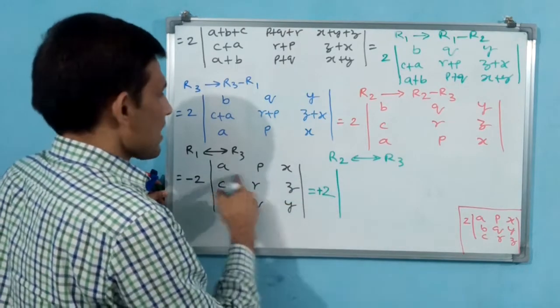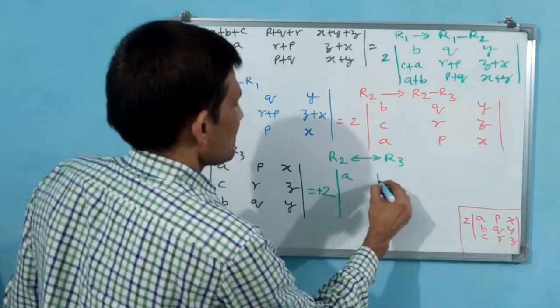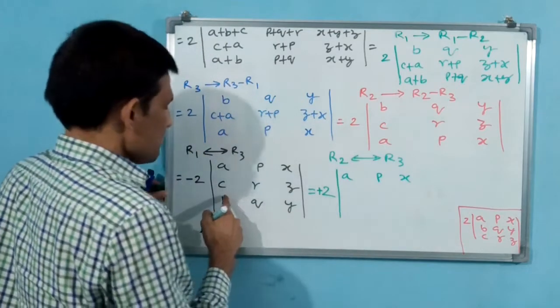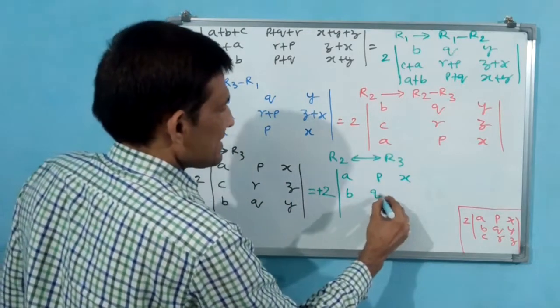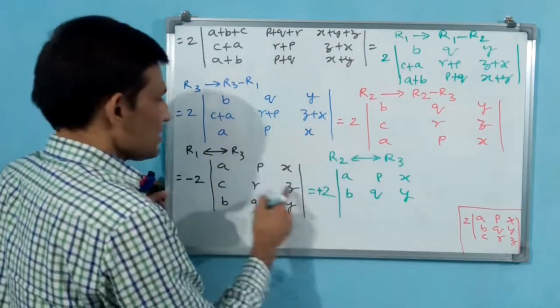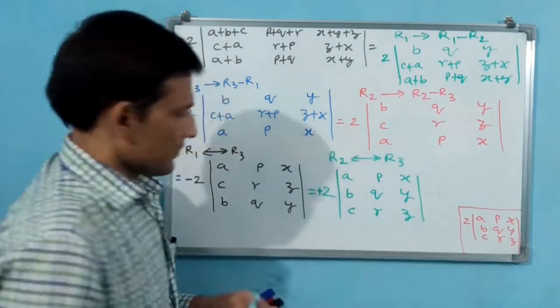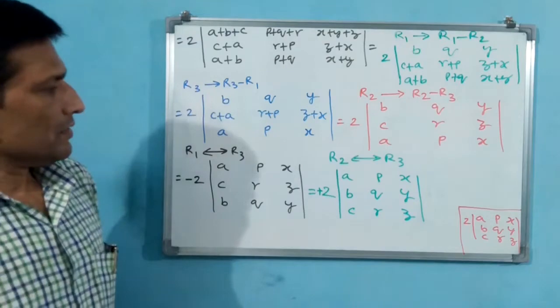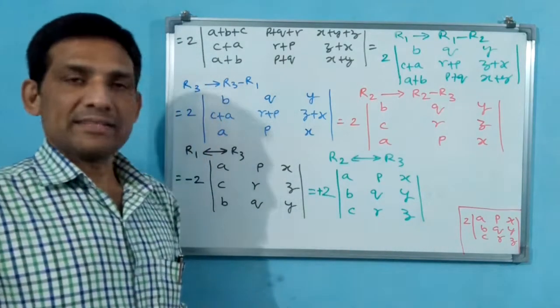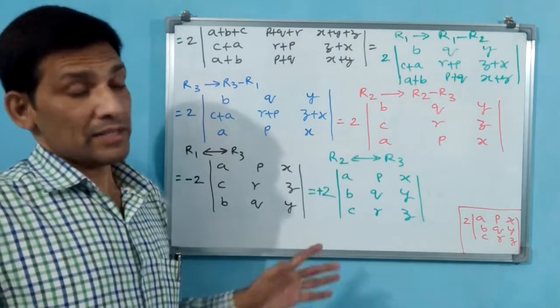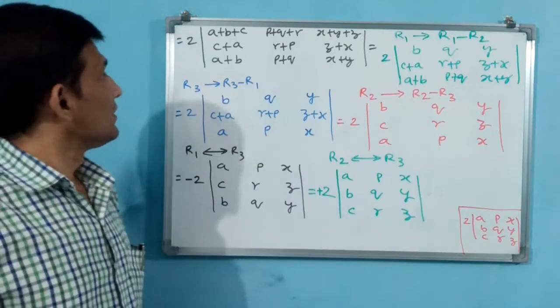Okay. Now R1 there is no change. First you write R1: A, P, X. Then B, Q, Y you have to write in second. And C, R, Z you have to write in third. Now the RHS has come. Okay. Like this you have to solve this question.